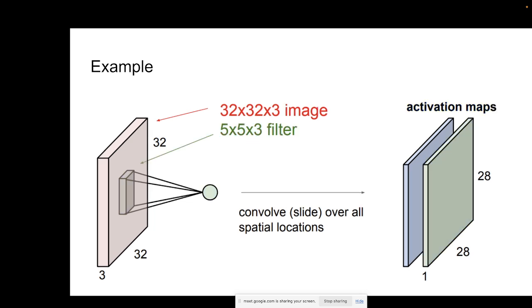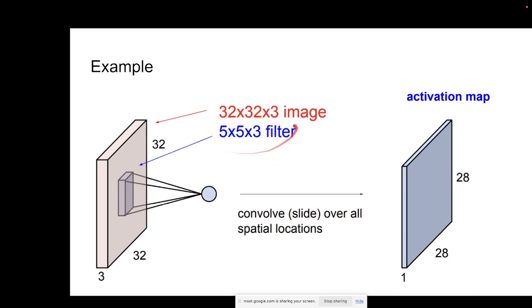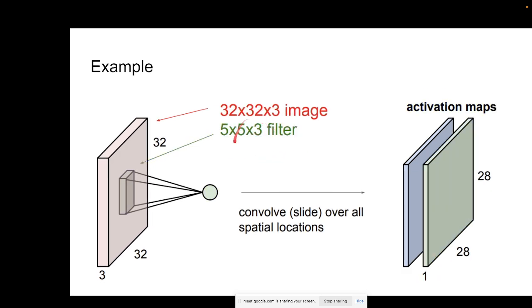So suppose now I have another filter. Previously I had this blue colored filter, now I have a green colored filter. I do the same convolution operation on this. This is again another set of weights, another matrix of weights having dimension 5 cross 5 cross 3.